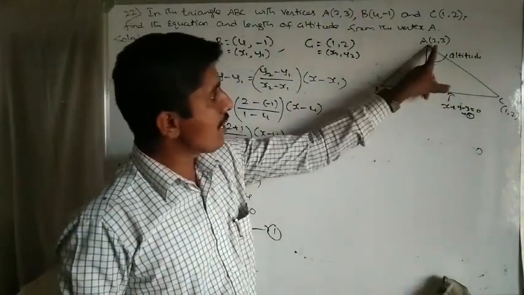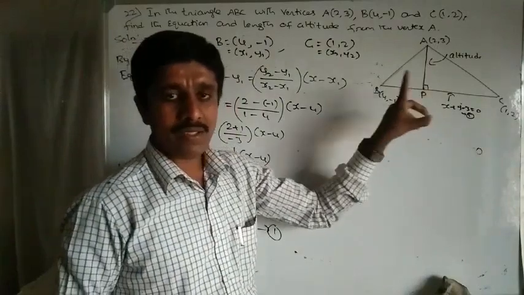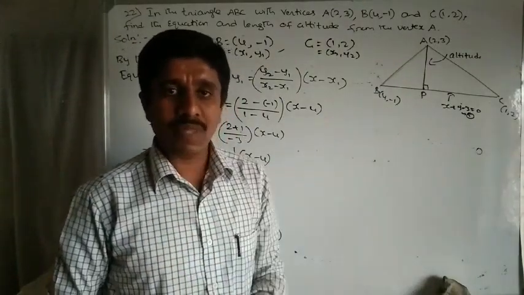Now by using the distance of a point to the line formula, we shall find the required length of the altitude.